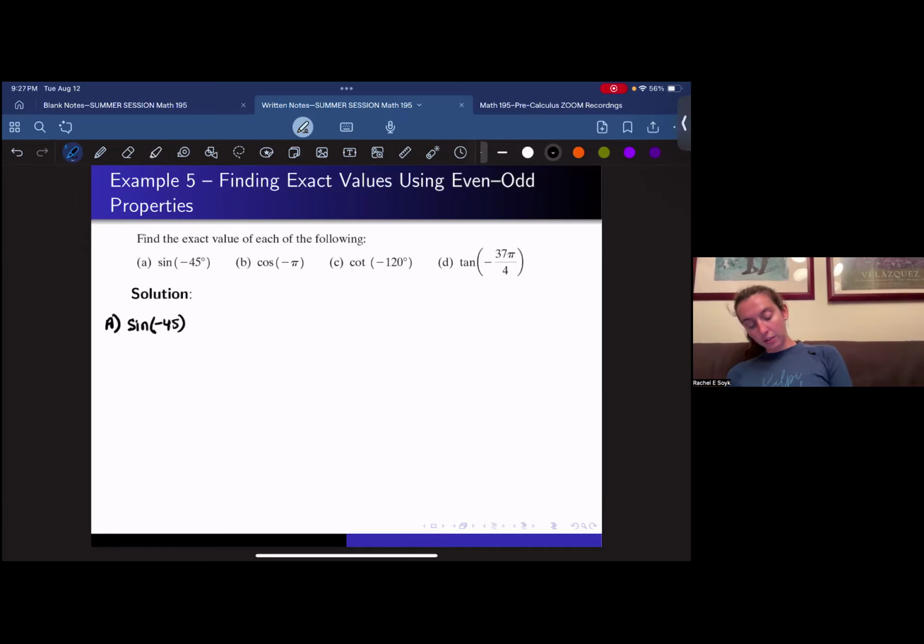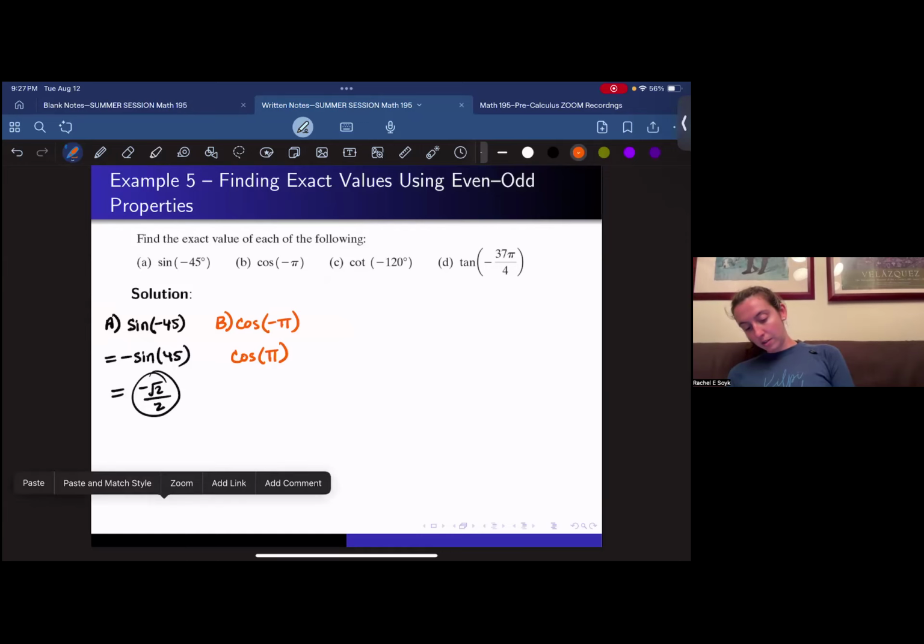Sine is an odd function, so this is the same as negative sine of positive 45, which is simply negative square root of 2 over 2. Part B, cosine is an even function. So cosine of negative pi is the same as just cosine of pi, which gives us negative 1.